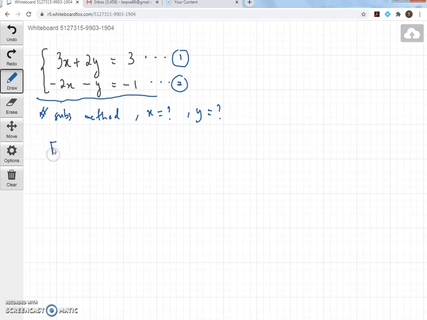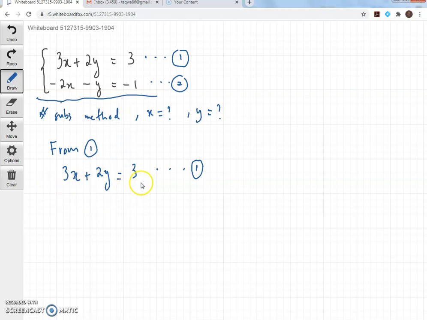From the first equation, let's copy the equation again: 3x plus 2y equals 3. This is your equation number 1. Let us bring the name tag there, number 1.